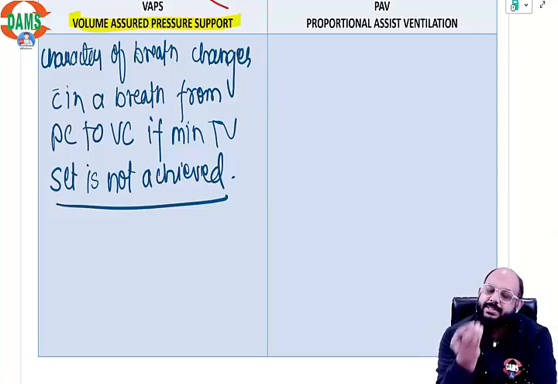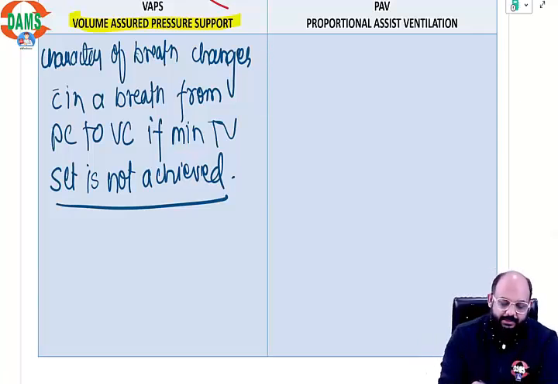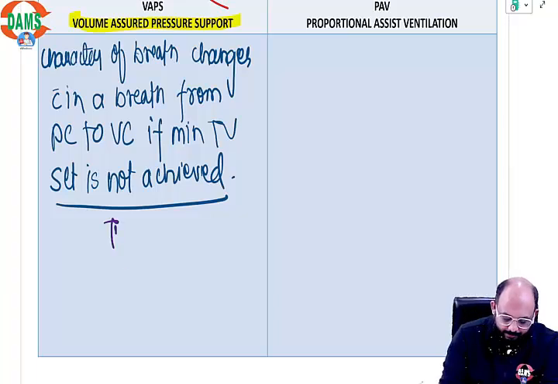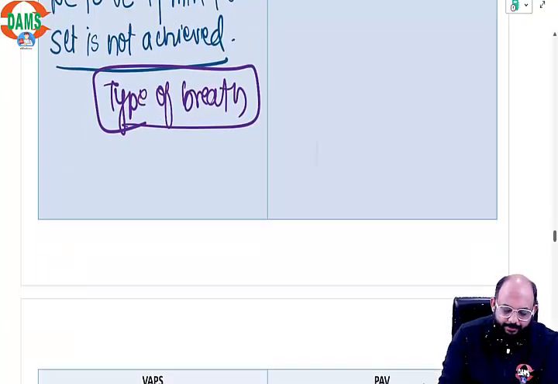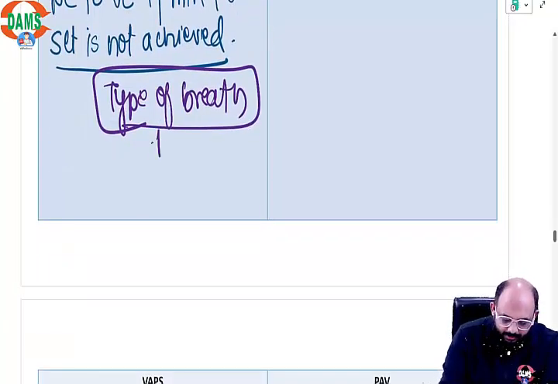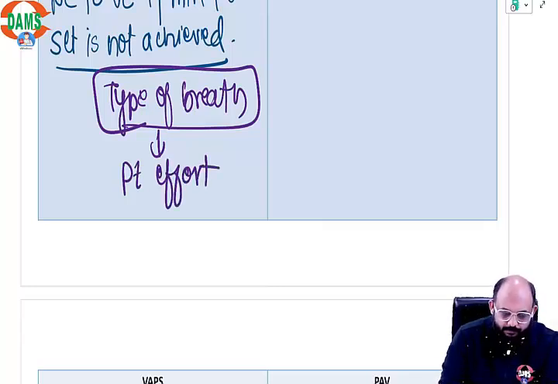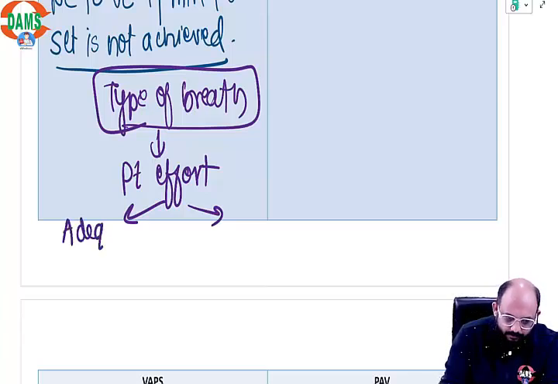If it senses that the tidal volume set will not be achieved, the type of breath will make a difference. Patient makes an effort. If the effort is adequate, then a pressure support breath is delivered.